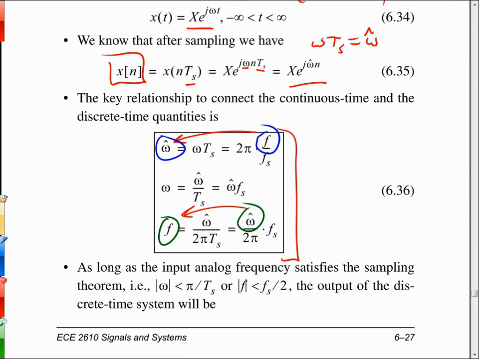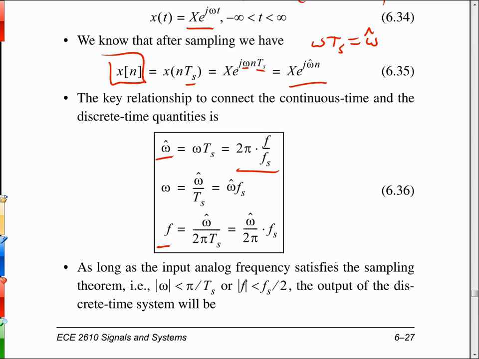That's why I put all these equations in the box up here. So initially, when you enter from the analog to digital, you need to find the omega hat. So that's that equation right there. And then to get F at the end, you go from your omega hat back out through this bottom equation.